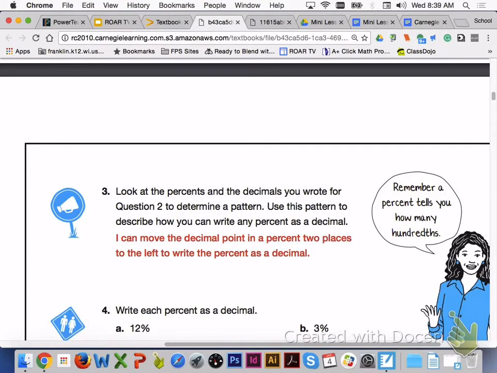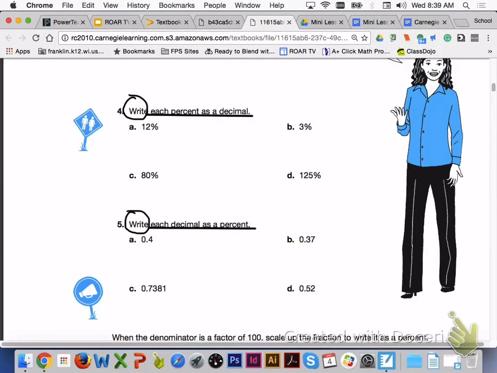If you look at the patterns back in question 2, you should see that you can move the decimal point in a percent 2 places to the left in order to write the percent as a decimal. Please answer number 4, letters A through D, and number 5, letters A through D with your group members.